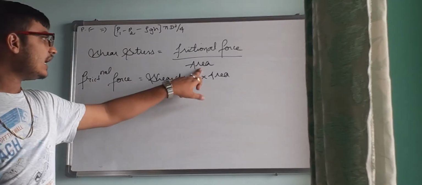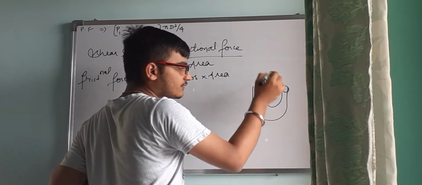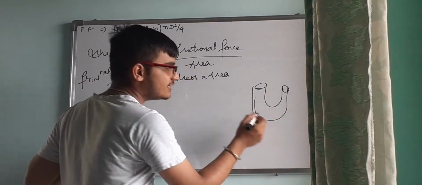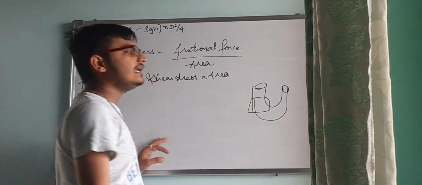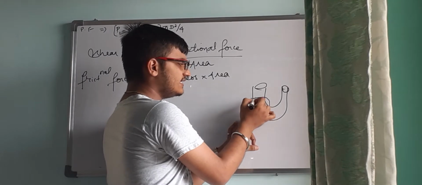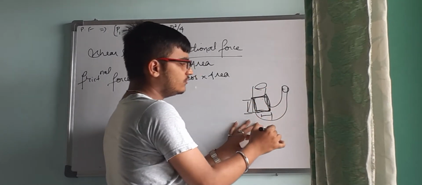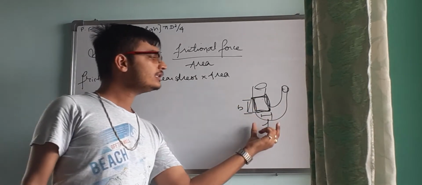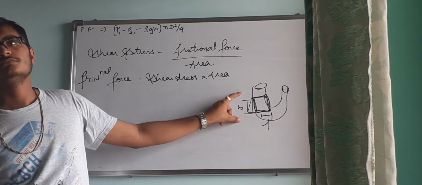This area will be the area of cross section. If you are calculating frictional force in this area, you will only consider this part, length into breadth.